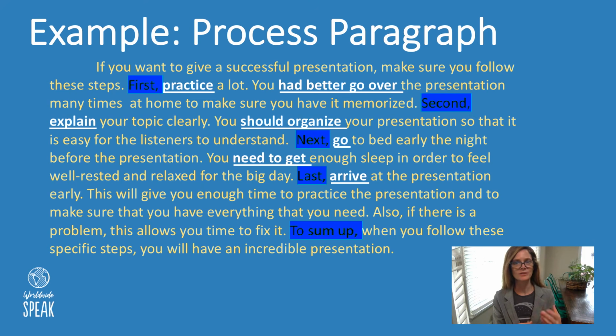Then I used second, explain, should organize, next, go, need to get, last, arrive, and to sum up. These are really crucial to your writing. Make sure that you understand this and use them in your paragraph.